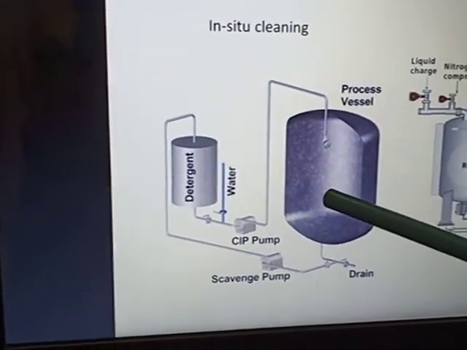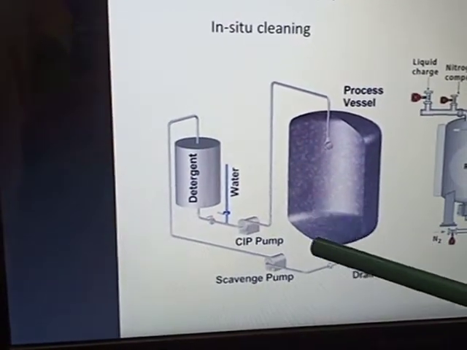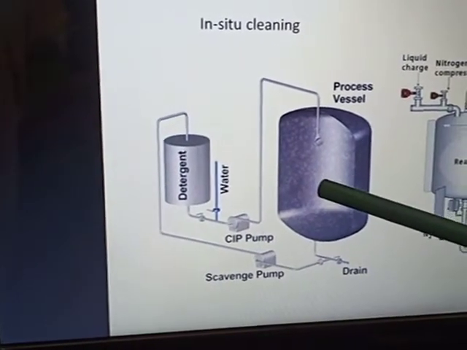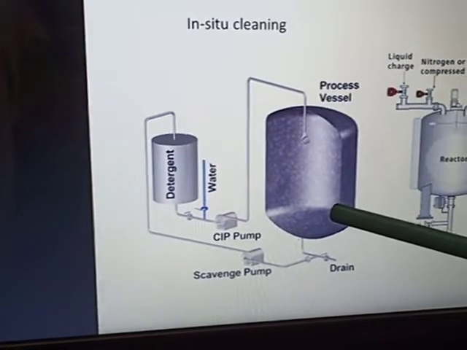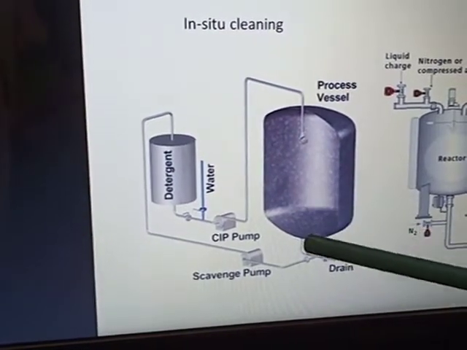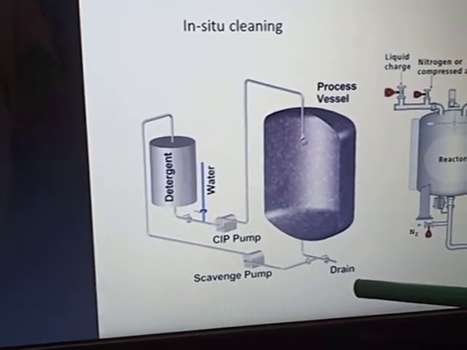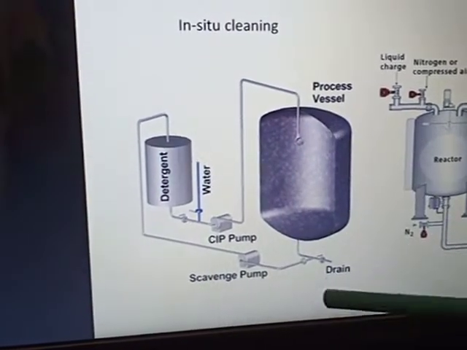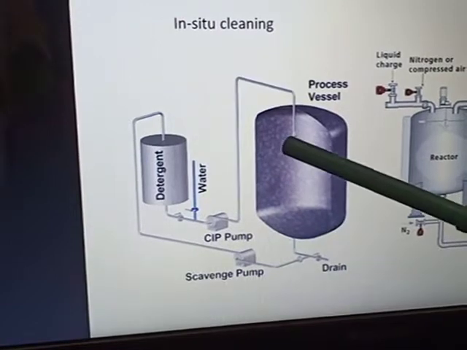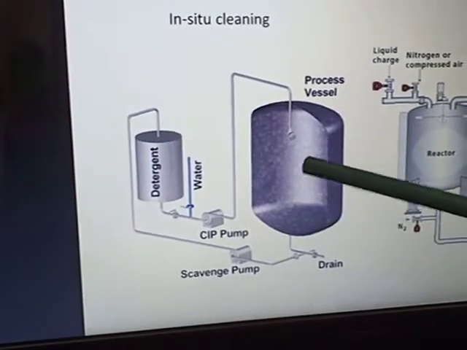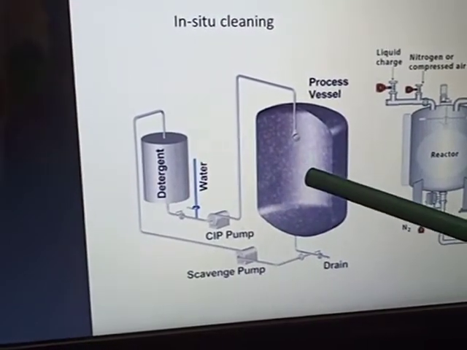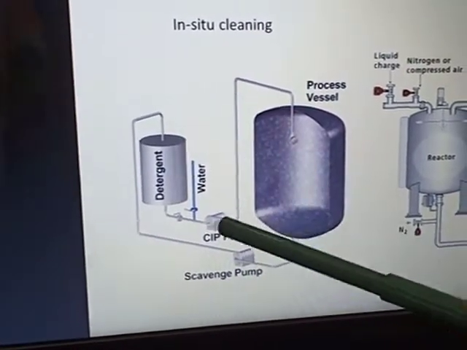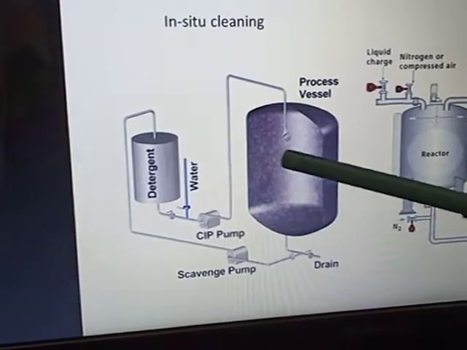Then the dirty water will be flushed out of the system. Sometimes after flushing out, the soapy water, detergent with water, is still usable, so it can be recycled into the system and reused again.